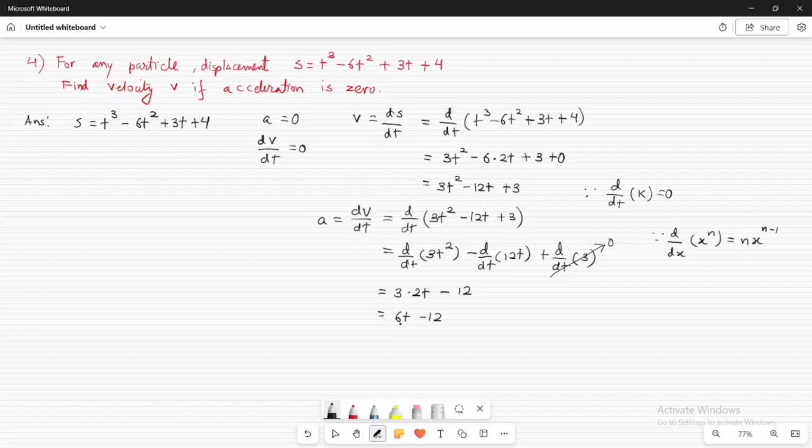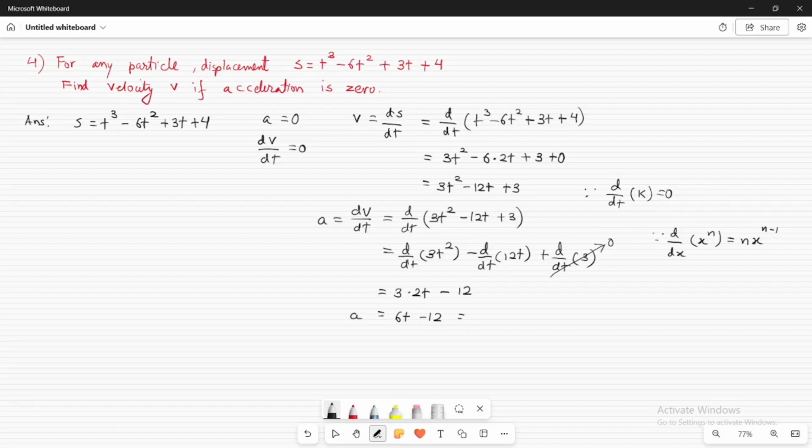That is 6t minus 12, so acceleration a equals 6t minus 12.